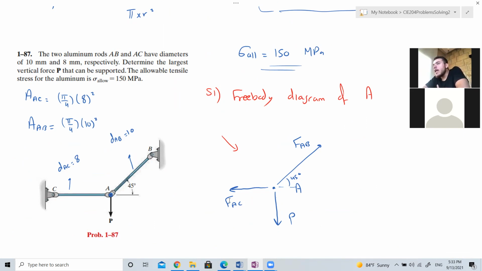Then, using the equation of equilibrium, we find the other force and check if the stress is less than the allowable. If it is less, your assumption is correct and the values you calculated are true. Otherwise, the assumption is wrong, and you have to repeat the whole procedure by assuming the other bar reaches the allowable first.